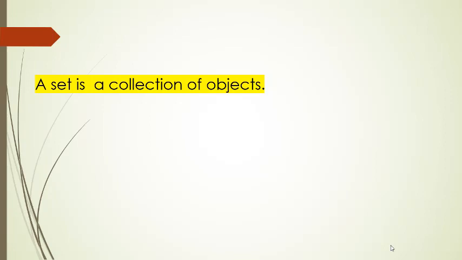You can say, okay, I have a set of Naruto books. This is a set. In your set, you have only 5 volumes. And you can say, I have a set of Dragon Ball books, which means that in your collection you may have 10 volumes. A set is a collection of objects. If you don't want to say a collection of objects, you can say a group of objects.